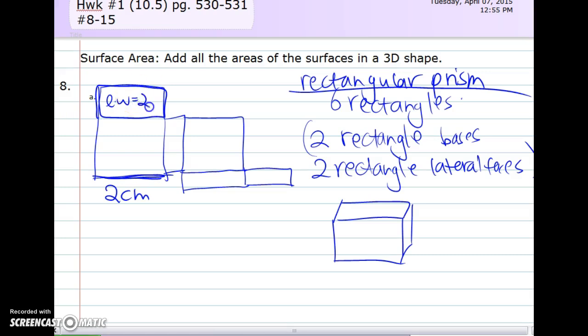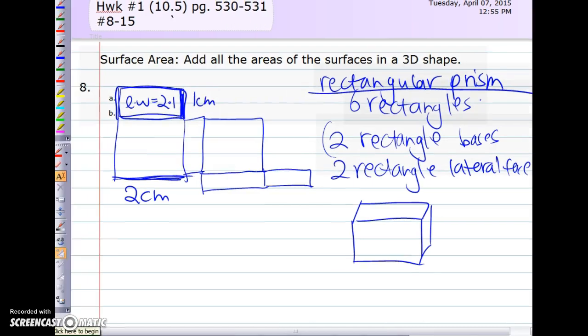So the length is 2, and the width would be up here, which is that 1 centimeter, and that is 1 times 2, which is 2. So the area of that rectangle is 2 centimeters squared.